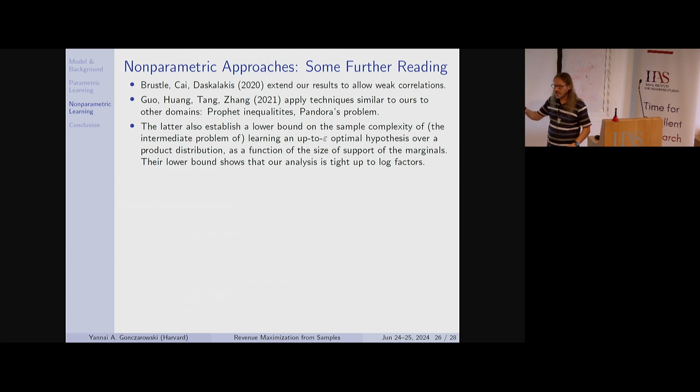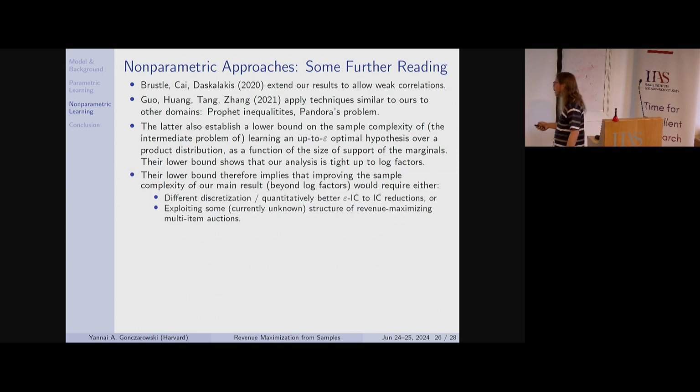They actually shave another log somewhere, so they have a slightly tighter analysis that's also tight up to log factors. The reason I'm excited about this lower bound is because it tells us where we cannot improve in our analysis.